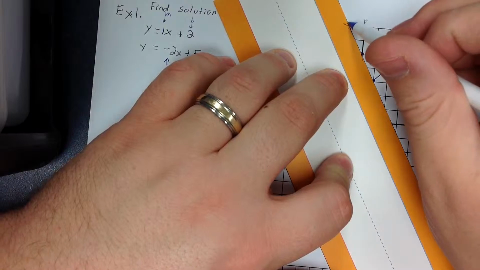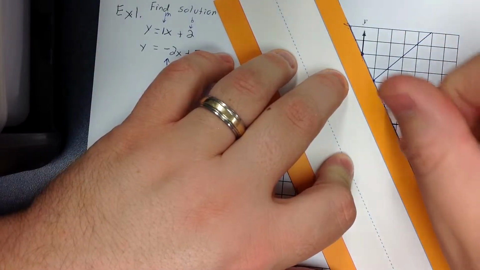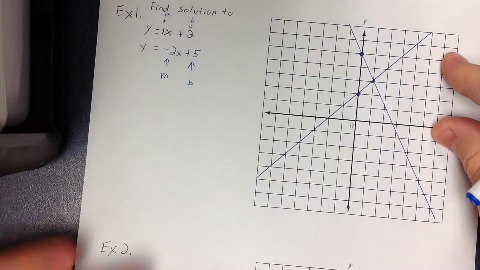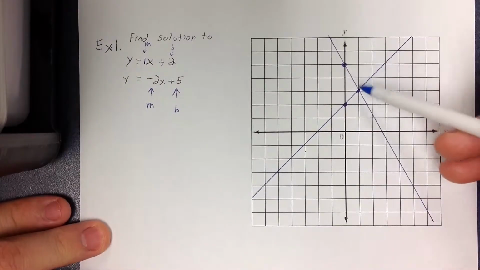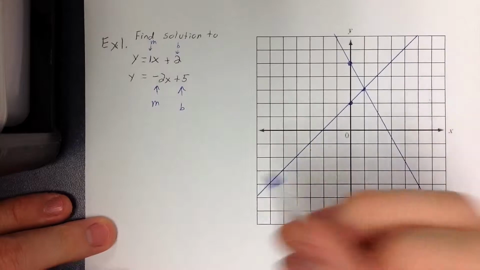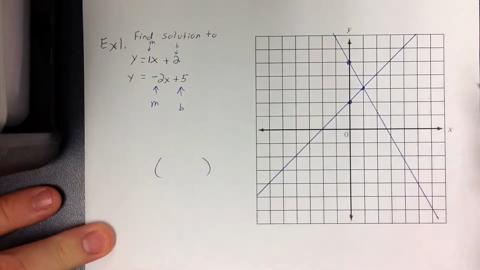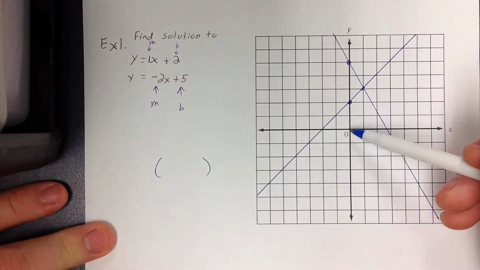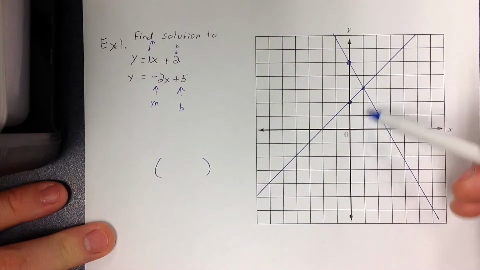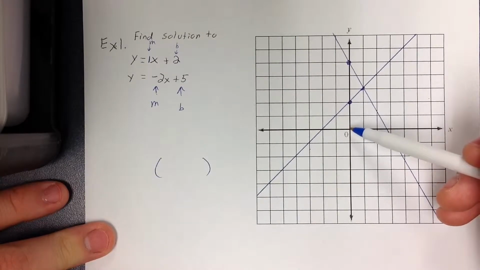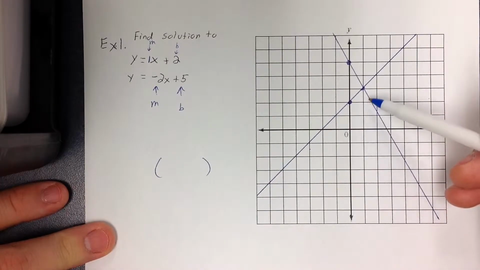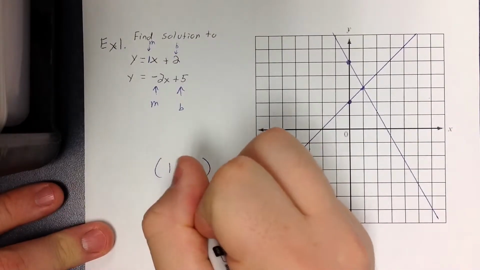And then I draw my line. So I can see that my lines cross right here. That means they have one solution. Now that solution is that ordered pair. Remember, when we write an ordered pair, we start at 0 and we go over first and then up. So the ordered pair would be 1, 1, 2, 3. So 1, 3.